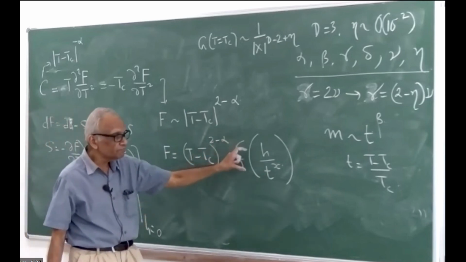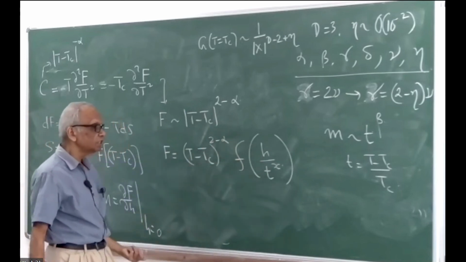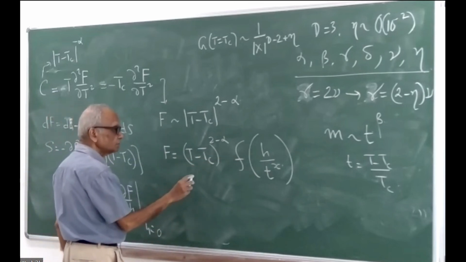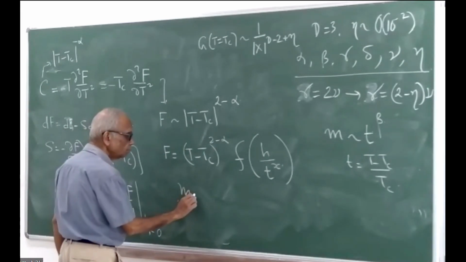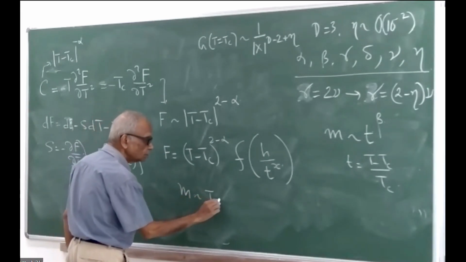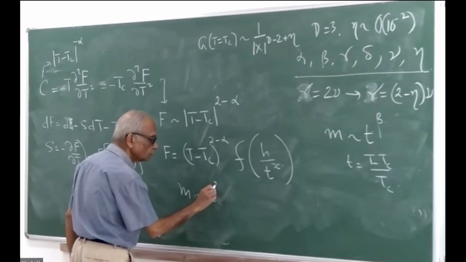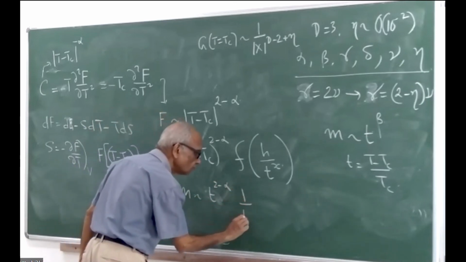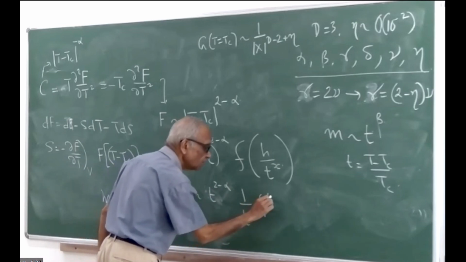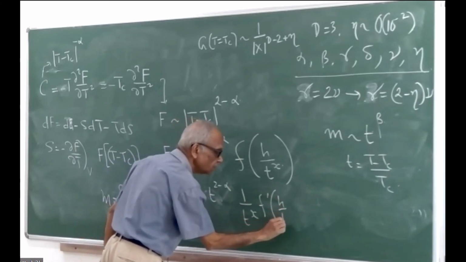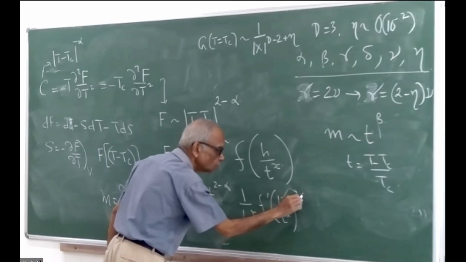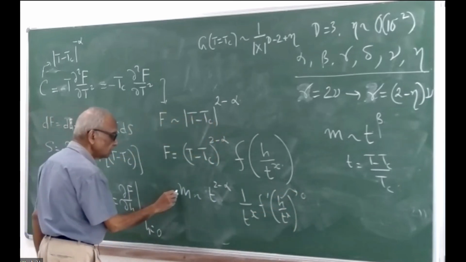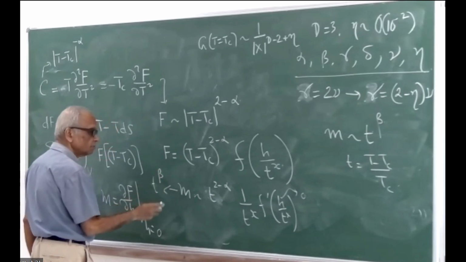So it has to be a function of some h over t to the x. If I do that, I take a derivative: m is t to the power 2 minus alpha, and then it is 1 over t to the power x, f prime of h over t to the power x. This goes to 0, so f prime becomes a constant, and this you want as t to the power beta.